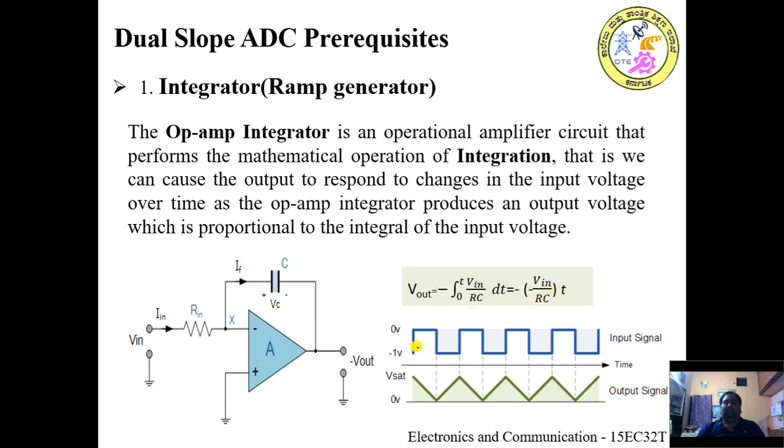You'll note that if you provide a square wave input here, for positive input, or for logic 1, we will get a negative slope. For negative input, or for logic 0, we get a positive slope.